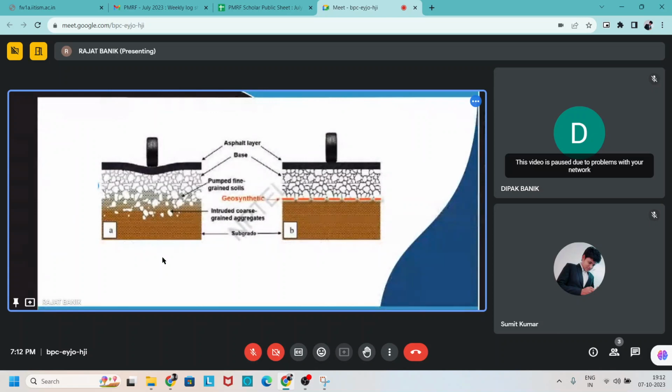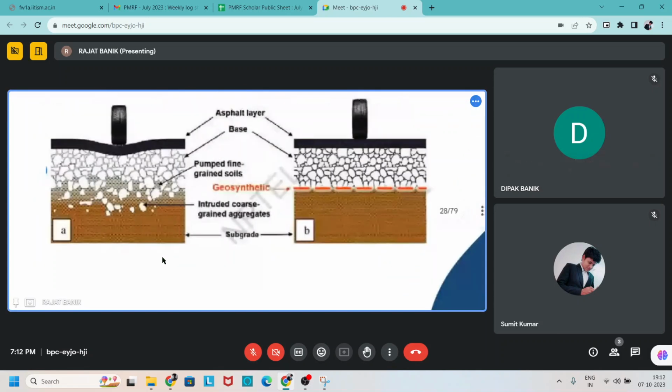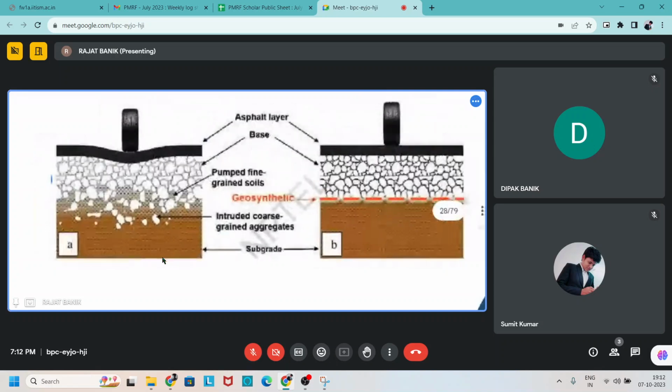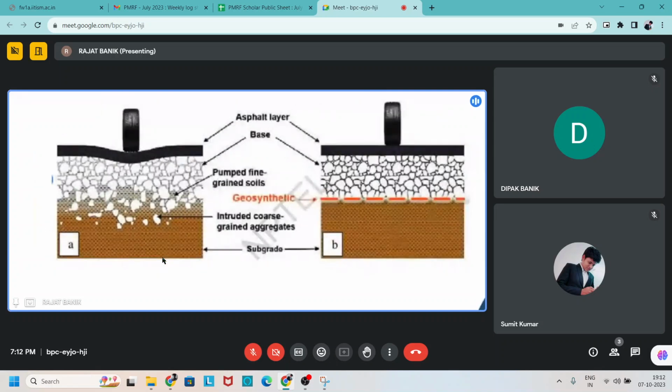And you can see there is one figure given: without a geosynthetic material as a separator, the coarse aggregate that is used for strengthening the pavement mixes with the fine soil of the subgrade, and due to this the strength of the pavement is reduced. And you can see there is a bend due to the operation of traffic.